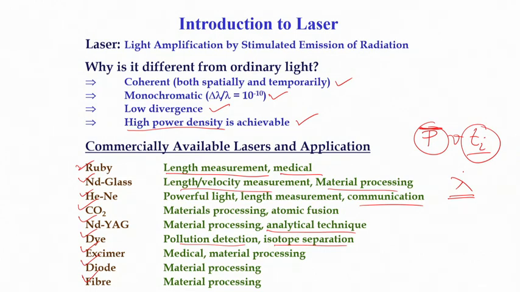From the material that is going to get processed, there are 2 or 3 things which are very important. Overall, one is the laser related parameters: power density, interaction time, wavelength, and various other laser related parameters.